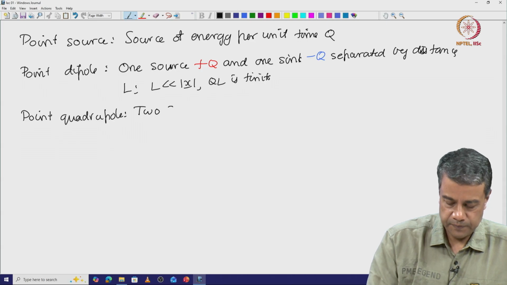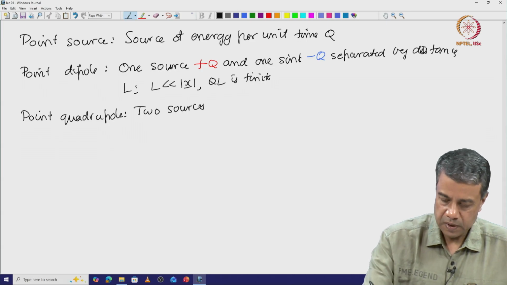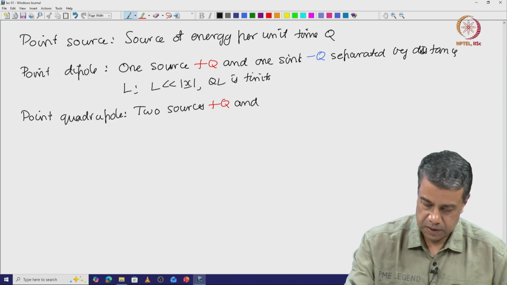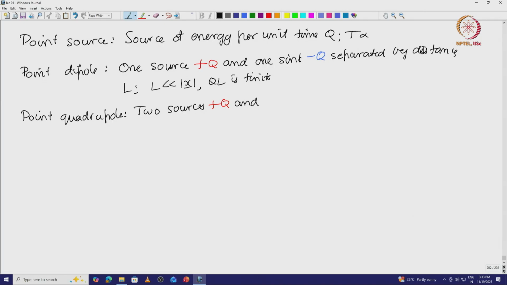Two sources, plus Q, and two sinks, minus Q, separated by distance L. In the dipole case, T is proportional to 1 over r for r going to infinity. Here, T is proportional to 1 over r square for r going to infinity.